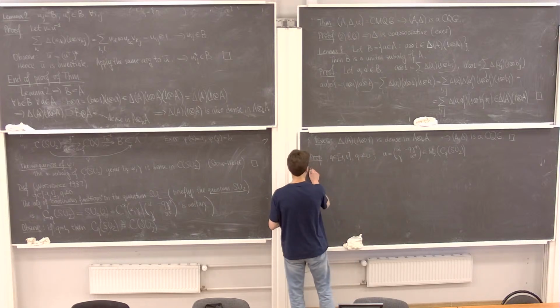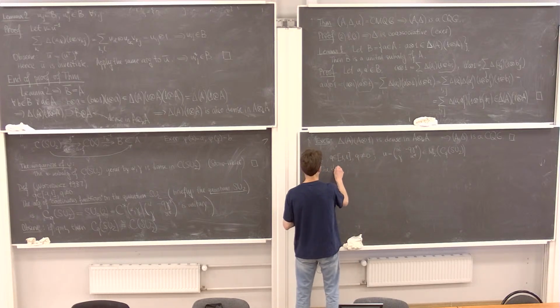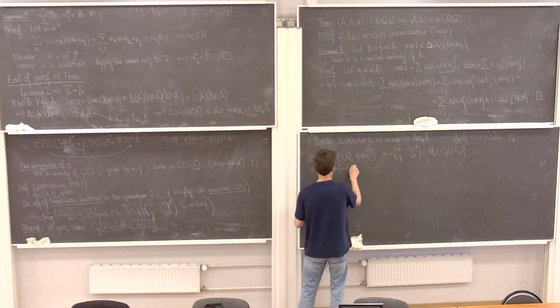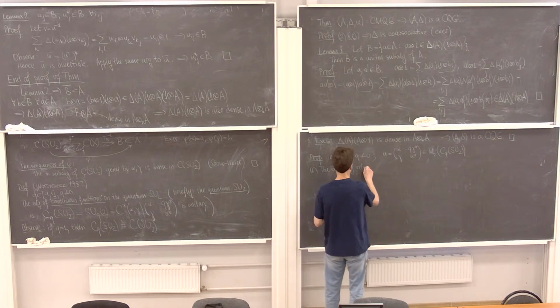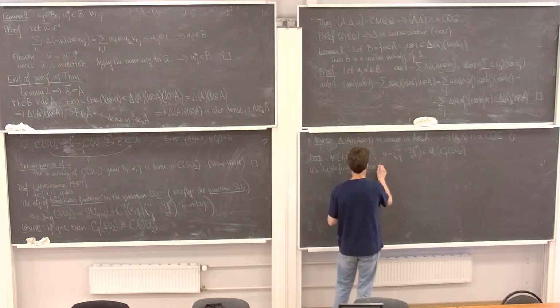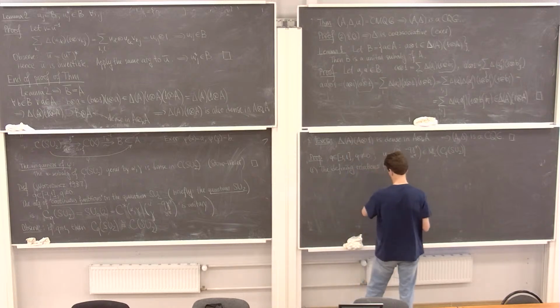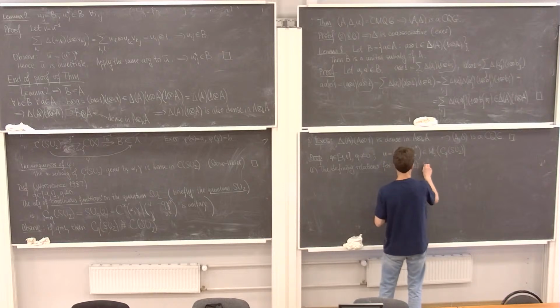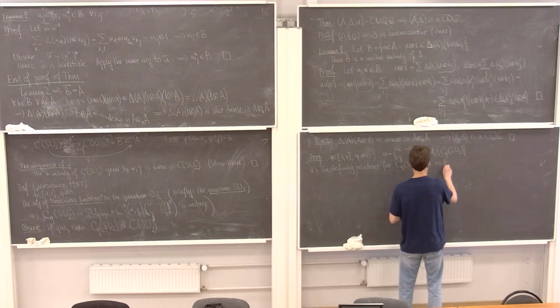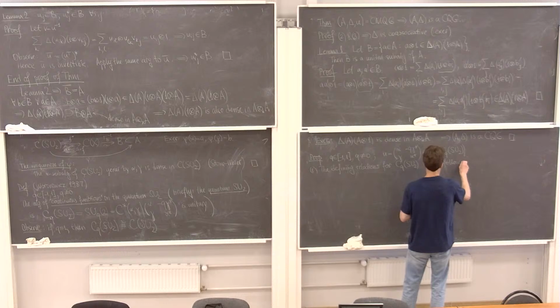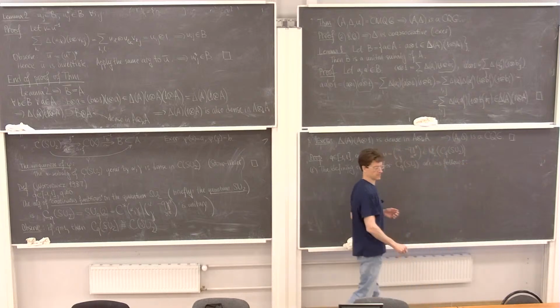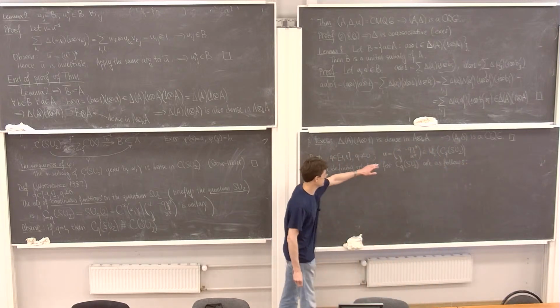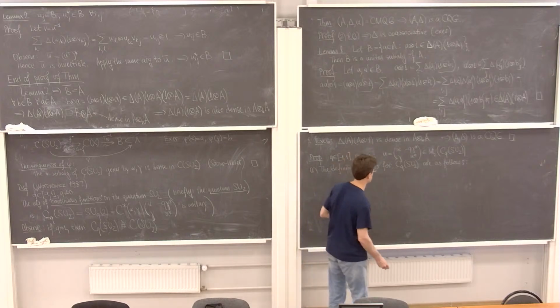So first of all, I claim that the defining relations for the quantum SU2 are as follows. If we explicitly write the condition that this matrix is unitary, we get the following.